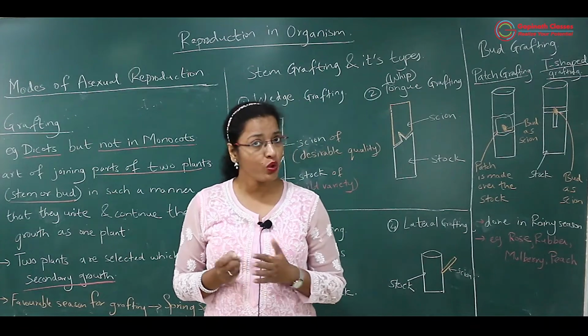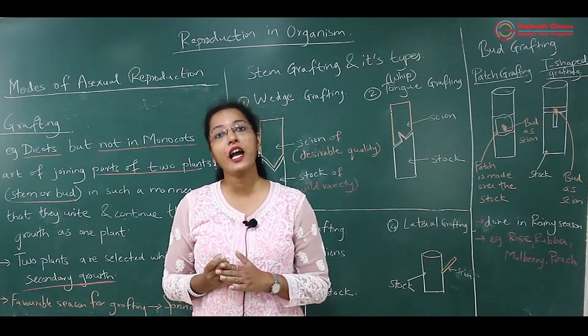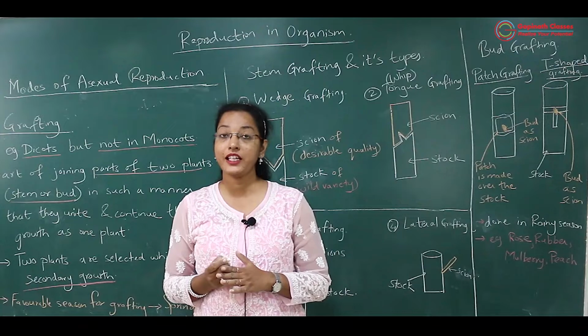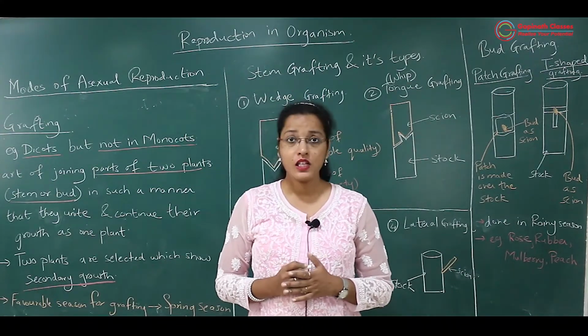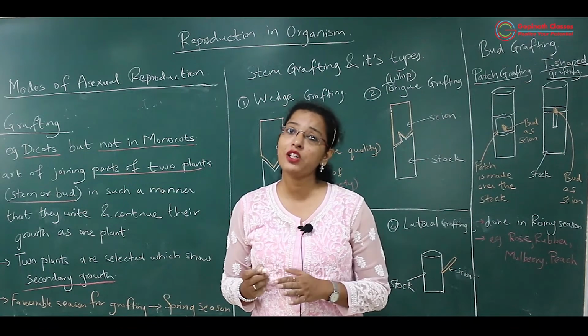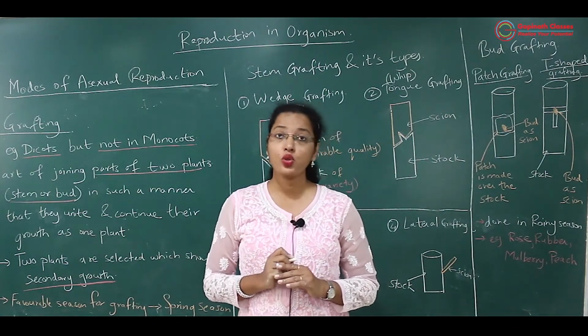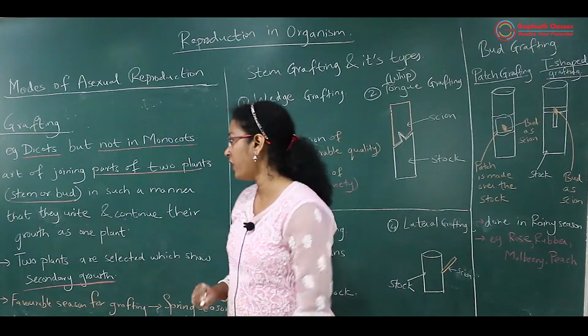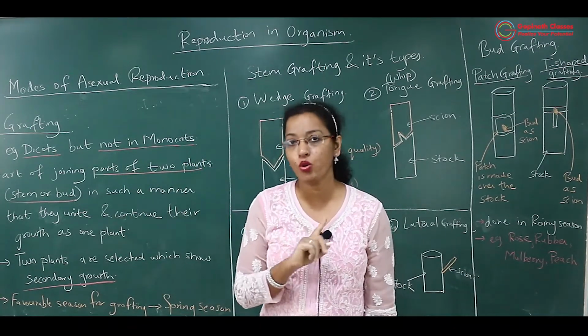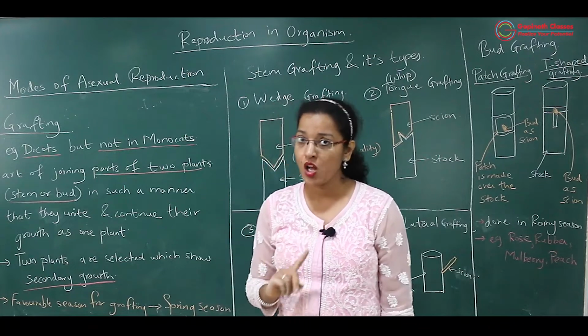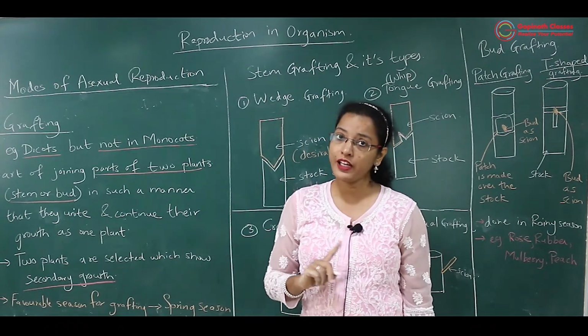And you all know very well, you have studied in anatomy of flowering plants that secondary growth takes place only in dicots. Secondary growth occurs because of cambium formation. So grafting is only possible in dicots. Grafting is not at all possible in monocots. All of you understood why grafting is possible in dicots?